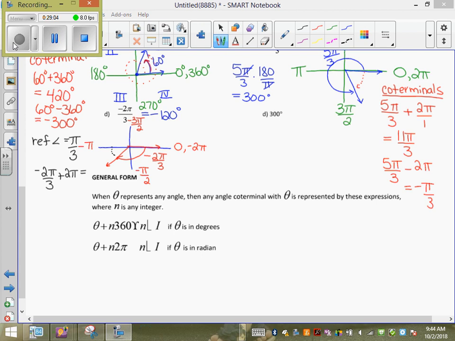So then it's going to be 4 pi over 3. Yes, because of the denominator. You're just making common denominator indirectly.